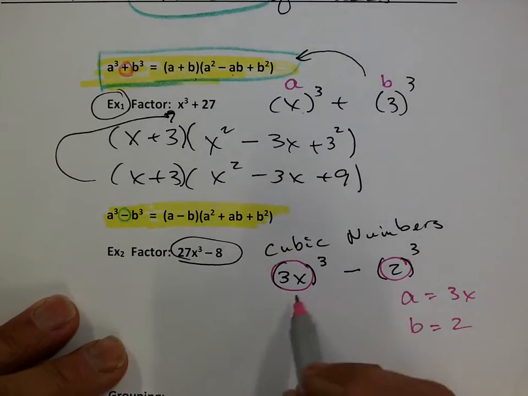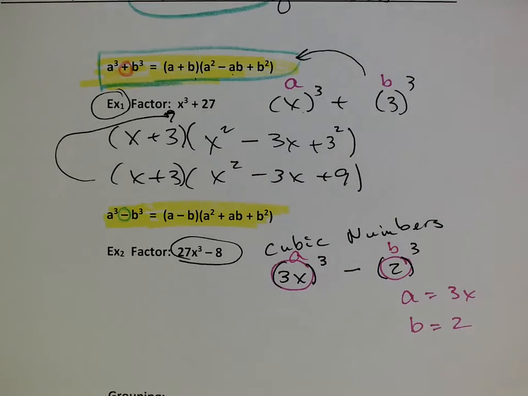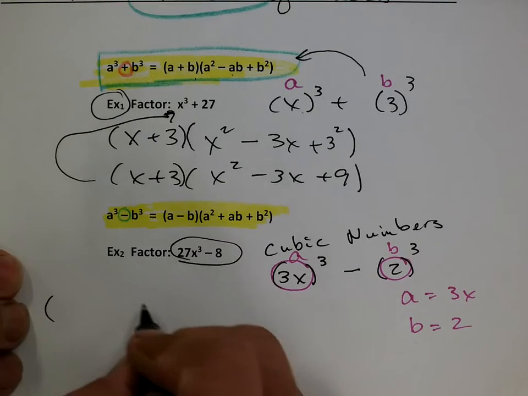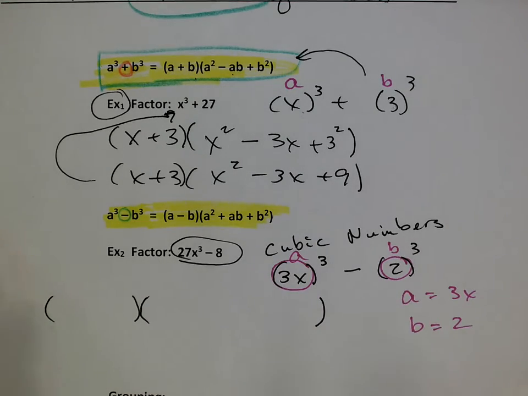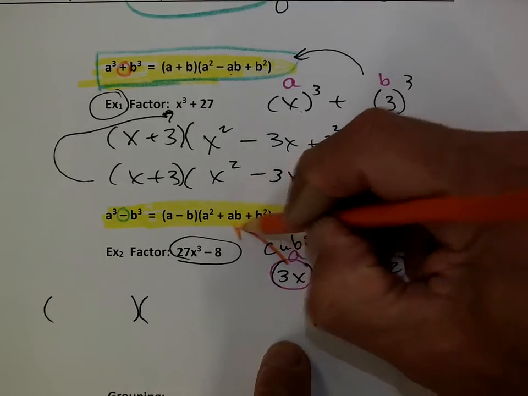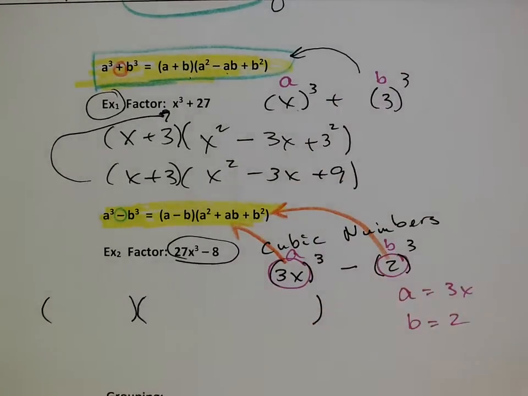So I'm going to put parentheses, parentheses, and a big parentheses, and just plug my 3x and my 2 into my formula.